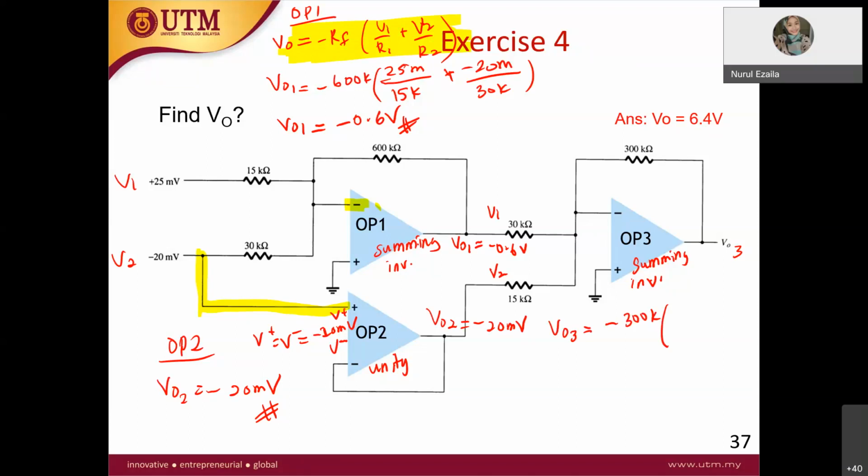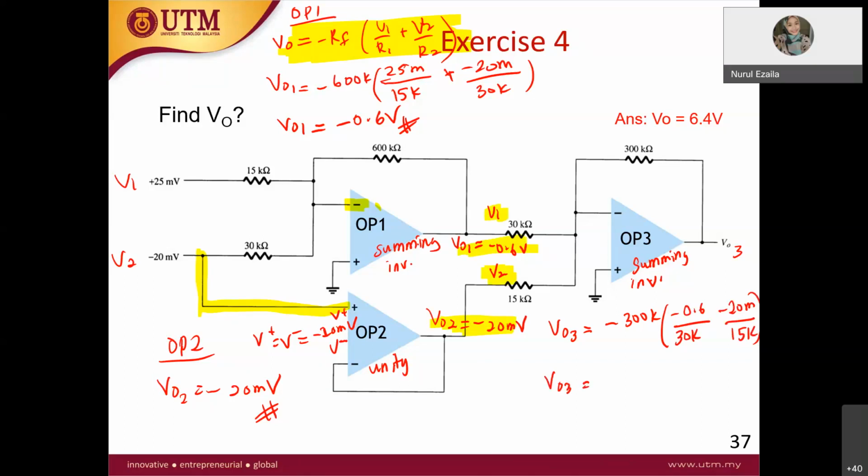So V1 in this case is V out 1, negative 0.6, over 30K. And V out 2, negative 20 millivolt, equal to V2, over 15K. Should be correct.